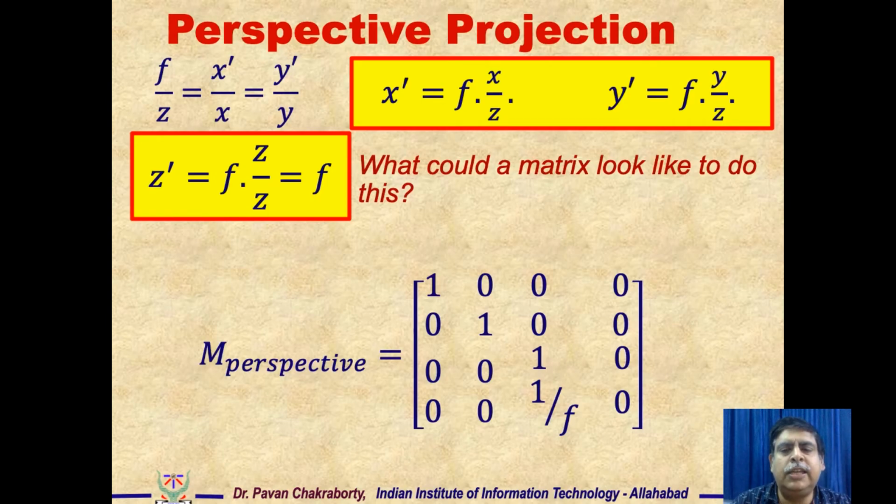What you see here is that the three-dimensional matrix is an identity matrix, but in the 4 by 4 matrix you have a 1 by f term coming in the omega axis. Please note that here omega is no longer independent, it is made dependent. So having 1 by f here, the omega term becomes dependent on the variable z.